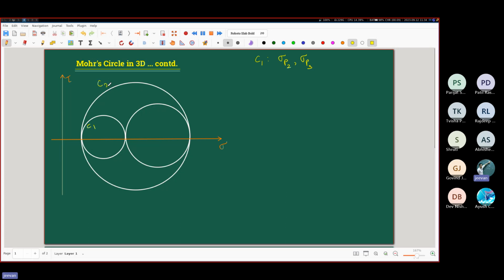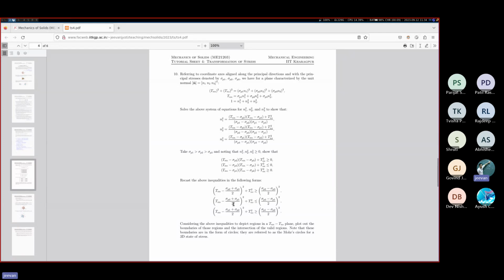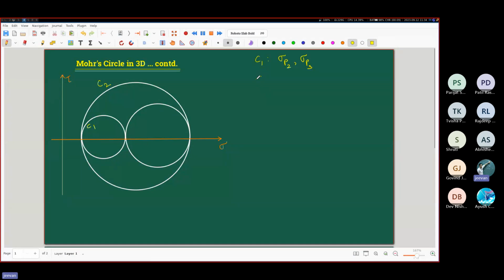This was our C2, associated with sigma P3 and sigma P1. And circle C3 is associated with sigma P1 and sigma P2.